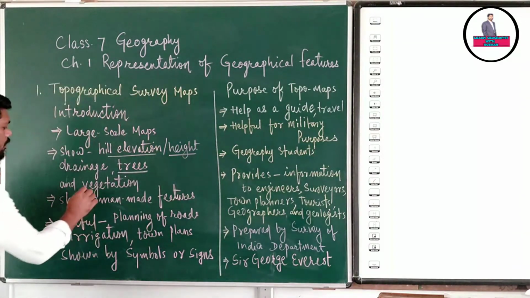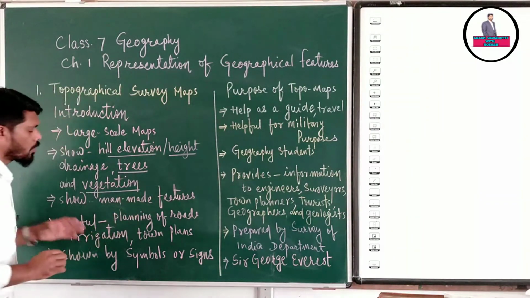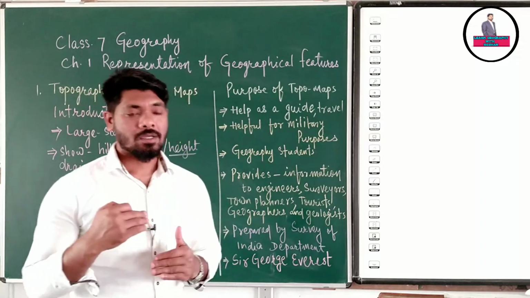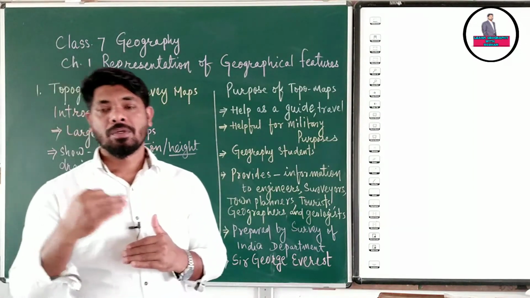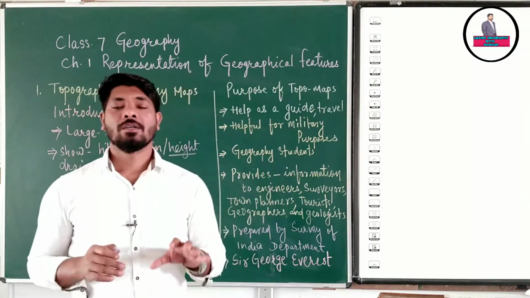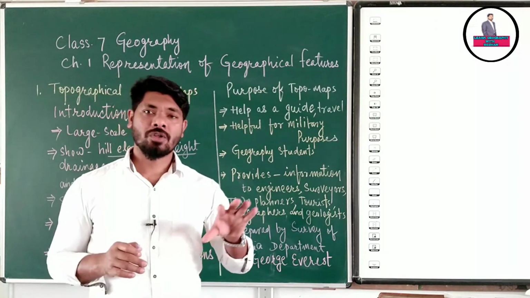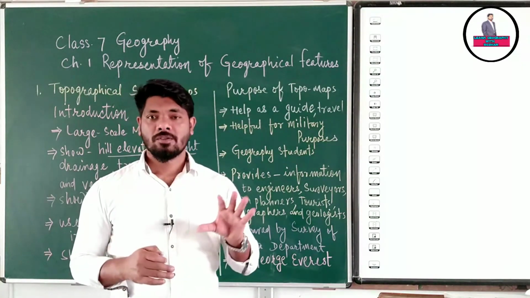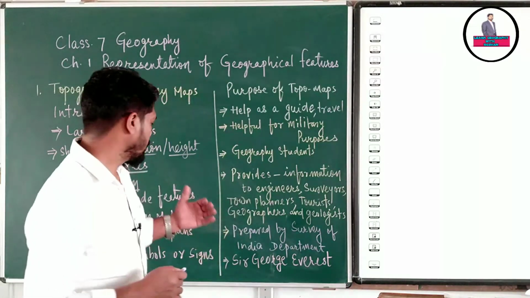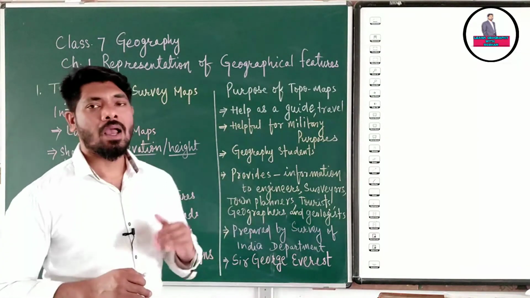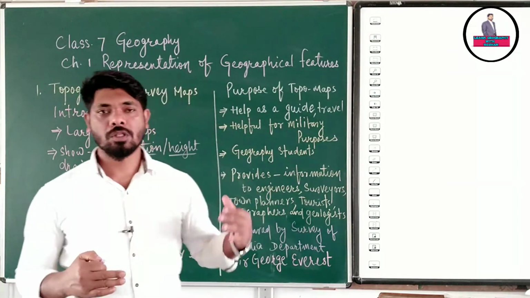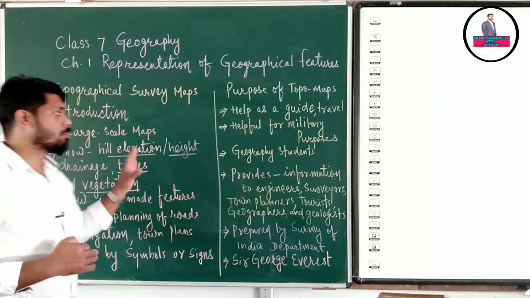Then it shows the vegetation and forest cover. By looking at the topographical map, persons can understand which area is forested or covered with vegetation, with various colors and symbols, and there are some conventional signs shown on the map to understand it.